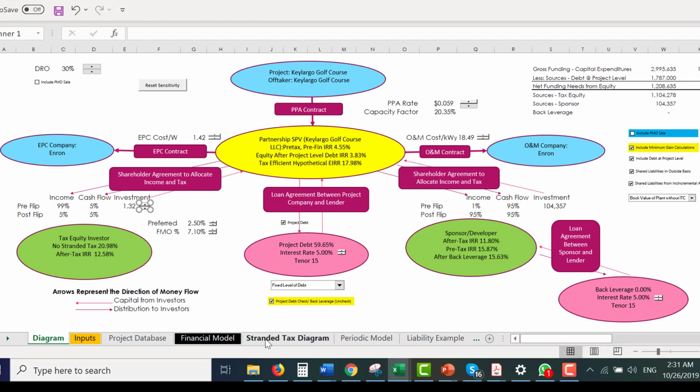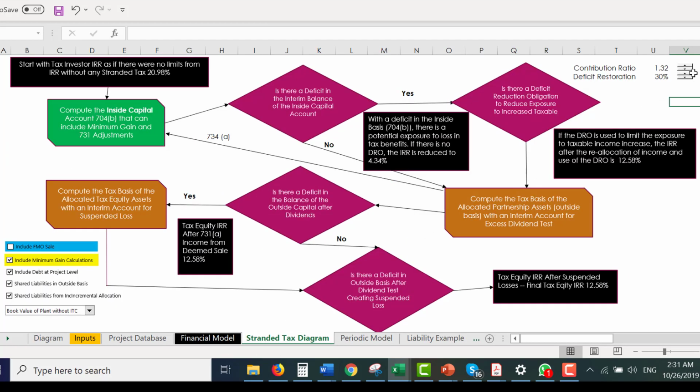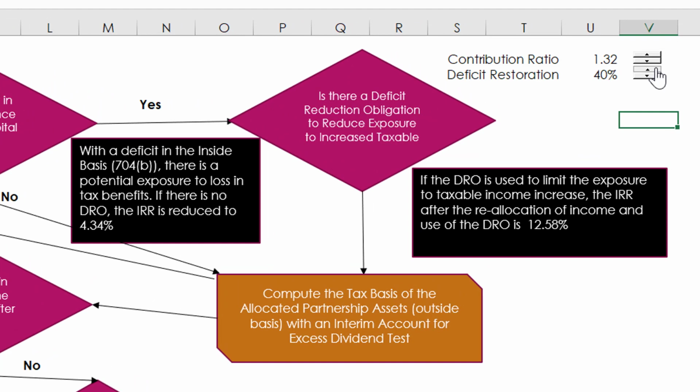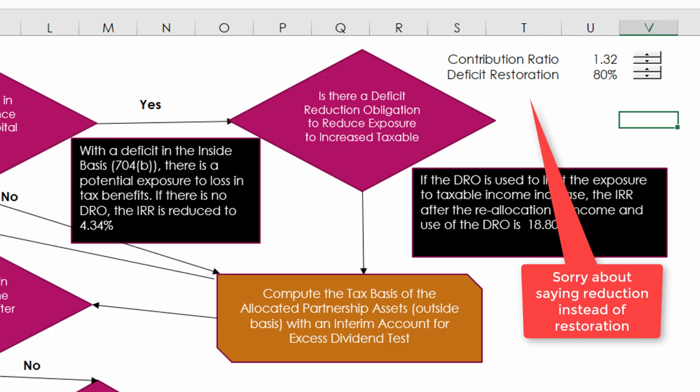I don't know if that's a good way to describe this. What you can do is, if you put some of this deficit reduction obligation in here, you can see this IRR only goes down to 18%.